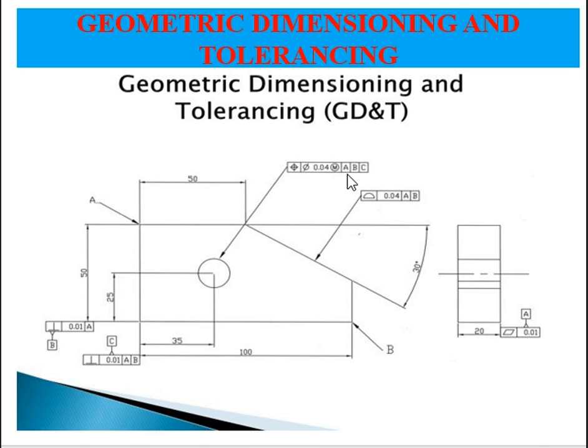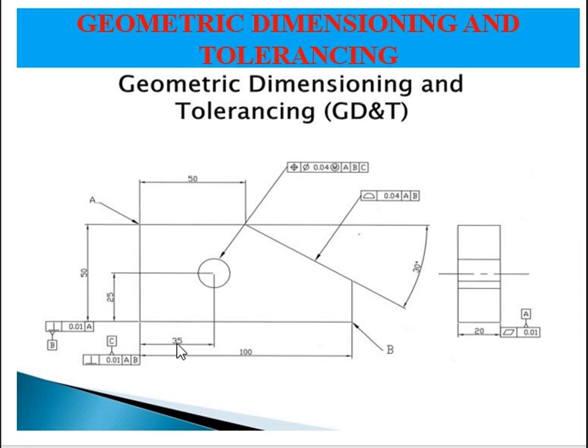Okay, so let's see. This is a rectangular plate which has one hole here. This rectangular frame is talking about the position of the hole, because this hole will have some center. As per the drawing, the center will be at x coordinate 35, y coordinate 25.